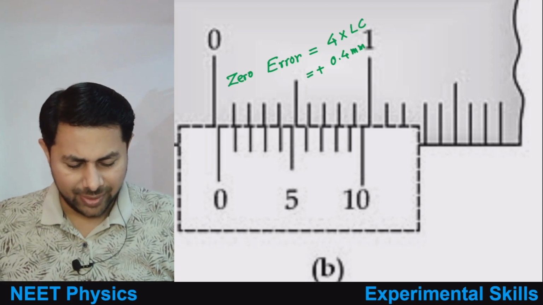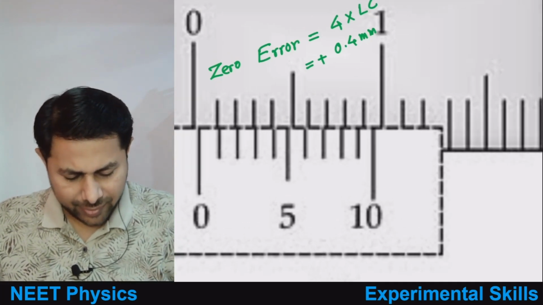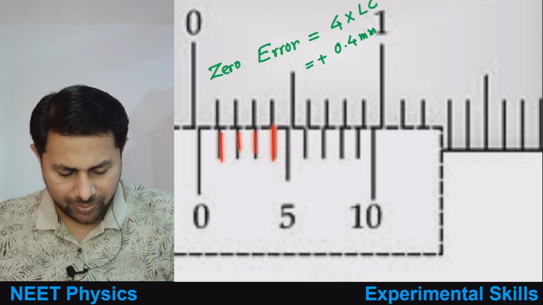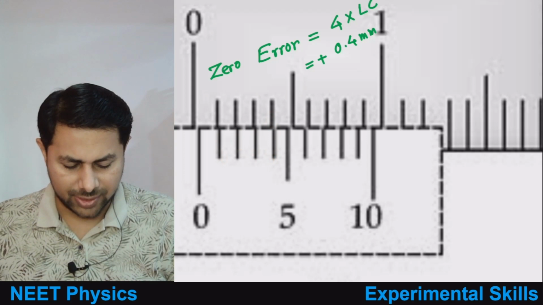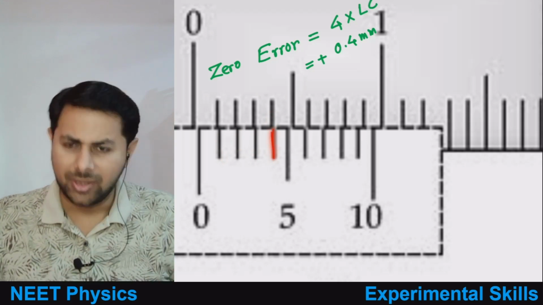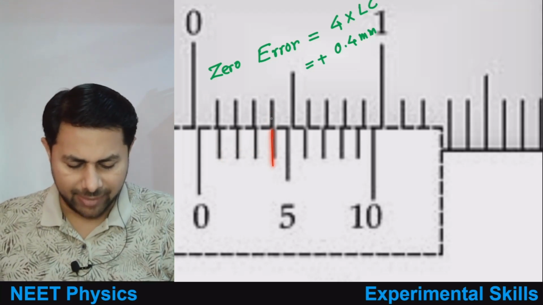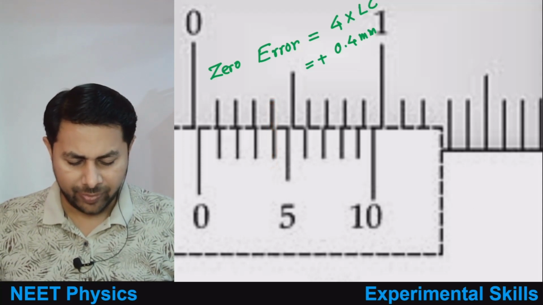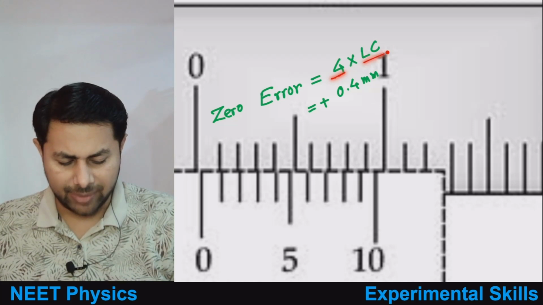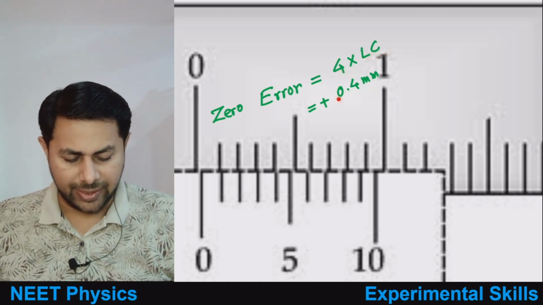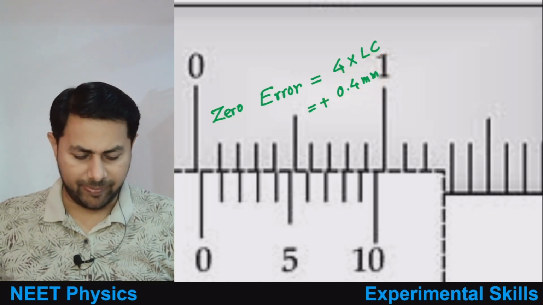So see here, in this case this fourth line, 1 2 3 4, nearly matches, right? This diagram is not that good, but the fourth line matches with this line, we can say, and therefore what would be the 0 error? It would be 4 multiplied by the least count, so that's 0.4 mm.